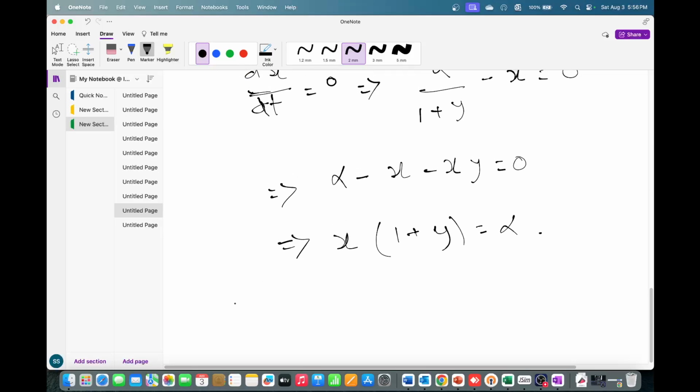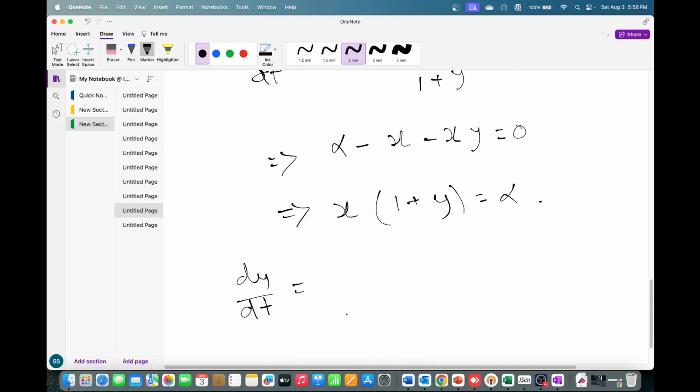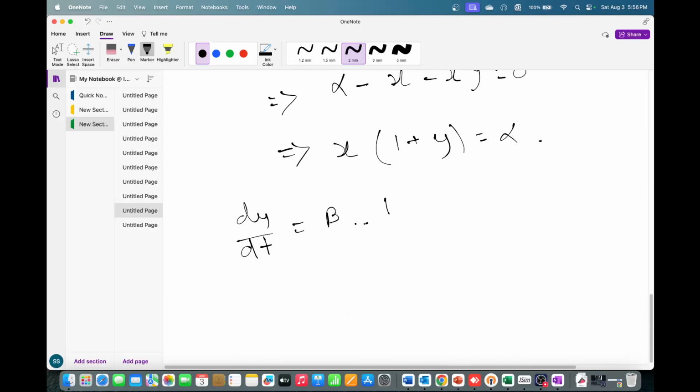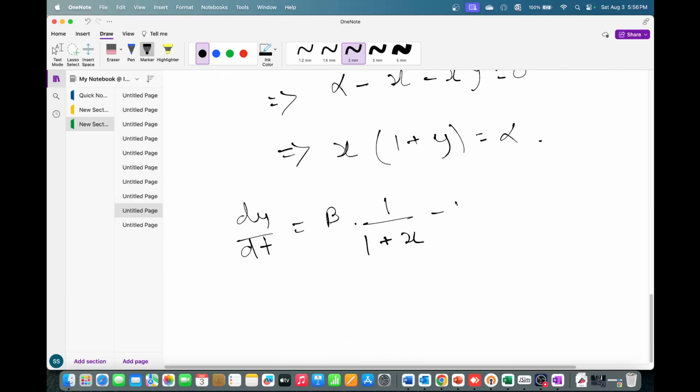Same, let's do it with dy/dt. dy/dt equal to beta into 1 by 1 plus x minus y. Now this is equal to 0. So beta minus y minus xy equal to 0.